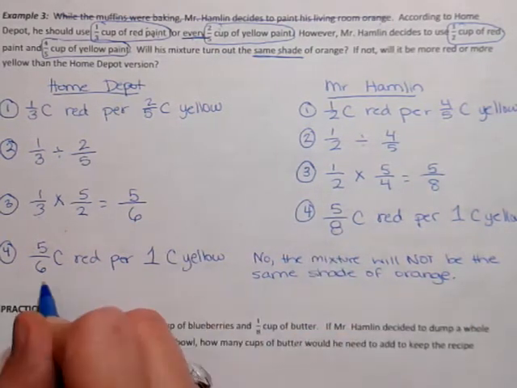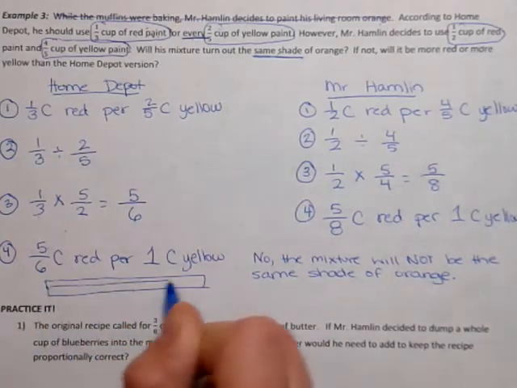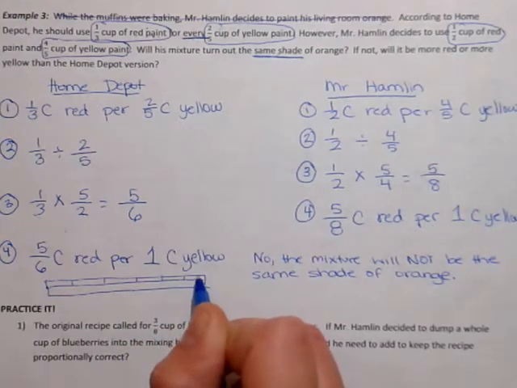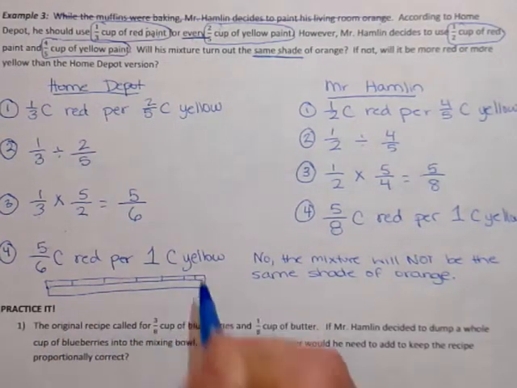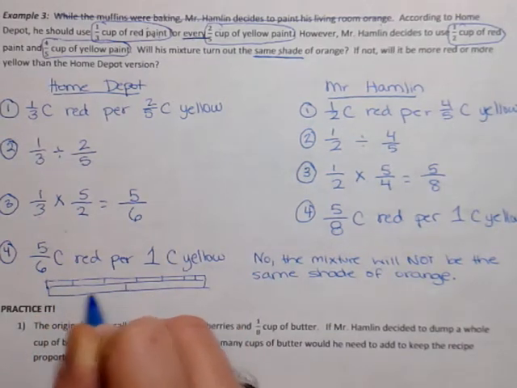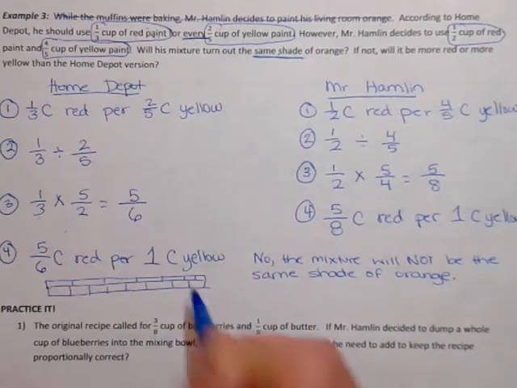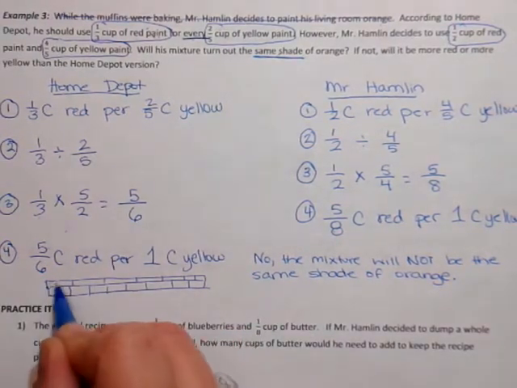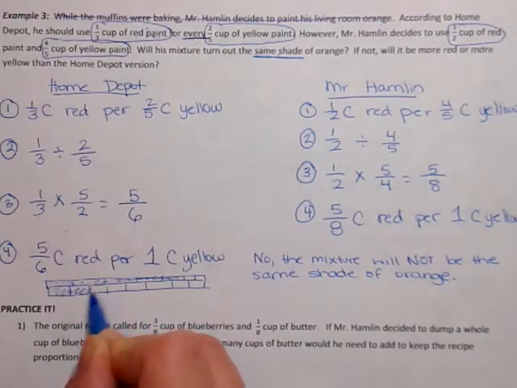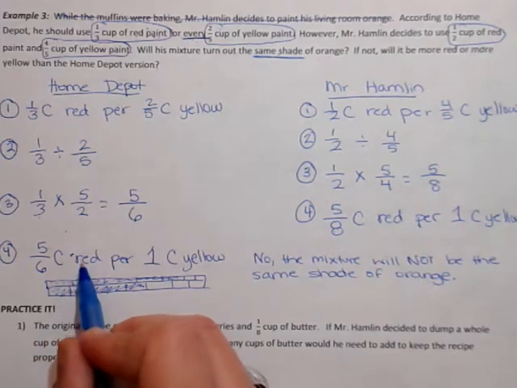So the way we can think about that is if you have a whole thing and you divide it into 6 parts, 1, 2, 3, 4, 5, 6, versus if you divide it into 8 parts. Are 5 of these parts going to be more than 5 of the smaller parts? Yes. So the Home Depot version is going to be more red.